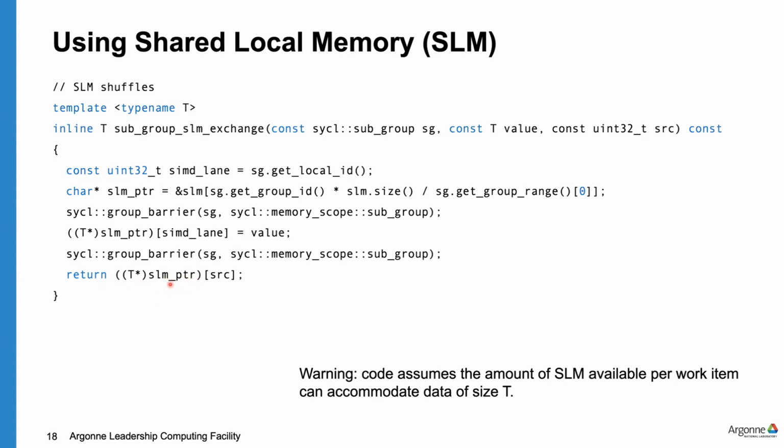Going through shared memory like this basically covers all kinds of data exchange patterns, at the expense, of course, of using shared local memory. But it turns out this cost, for the particular data exchange that we have, executes a lot faster than the in-register group functions like select from group and even XOR.